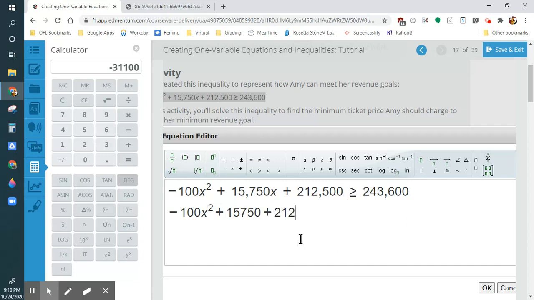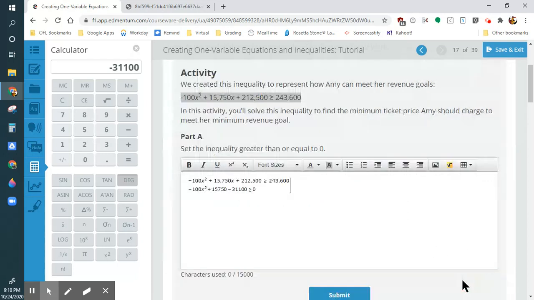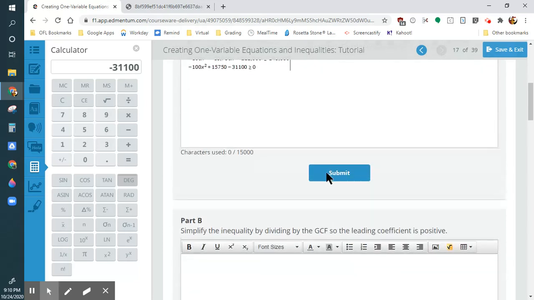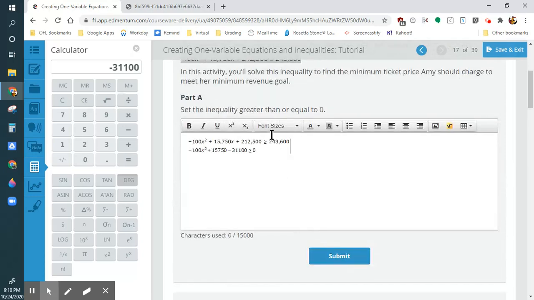This is why I did this in the equation editor, for the squares as well as for the greater than or equal to 0 sign. So that's all they wanted me to do. That was the only direction they gave me. Cool.